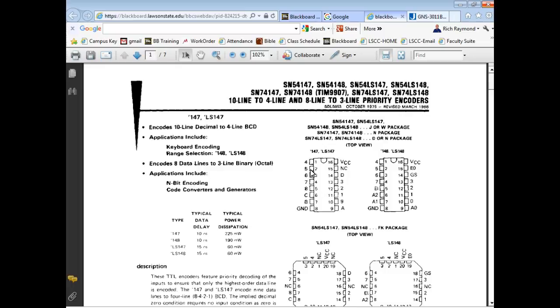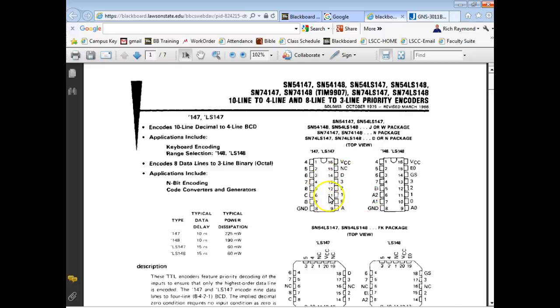So I like this one. The book's not really, I mean, the lab is not really good. So here's our inputs, input 1, 2, 3, 4, 5, 6, 7, 8. Here's our outputs, A, B, where's 9 at? Now, 9's over here on 10.